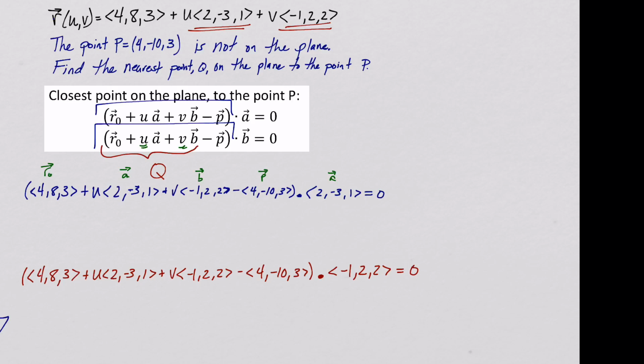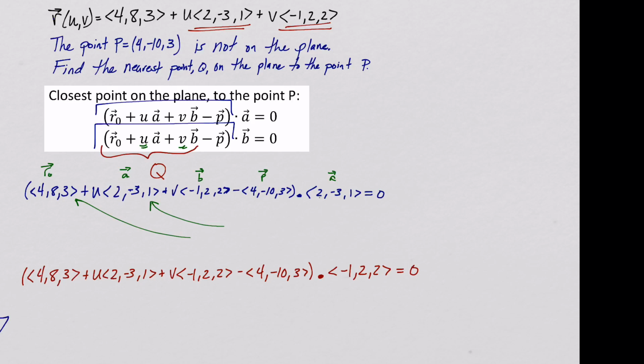And so all we're doing is we're distributing this dot product. So I'm going to distribute this dot product A with R naught, and then I'll distribute it to this vector with u, and then with v, and then with P, right? So that's what we're going to do. I'm going to erase all these lines just so we have room to do some math.